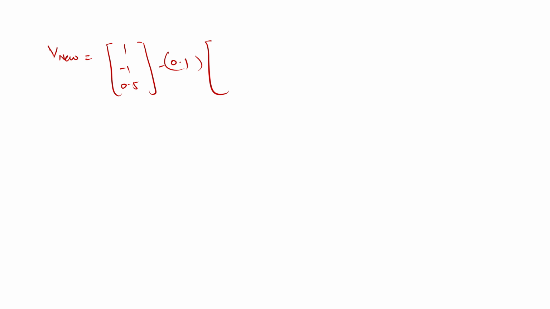What is eta? We have to choose this by ourselves. And what was this dJ by dV? This was minus 0.1984, minus 0.1984, minus 0.3167, and minus 0.2681.